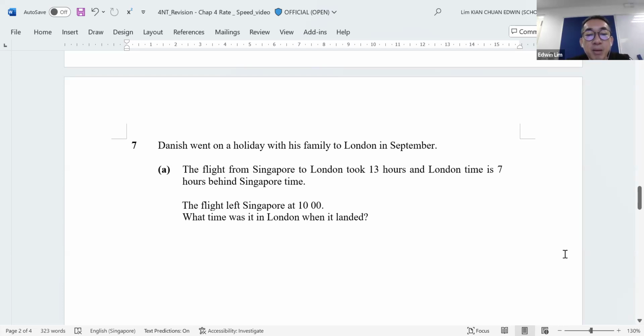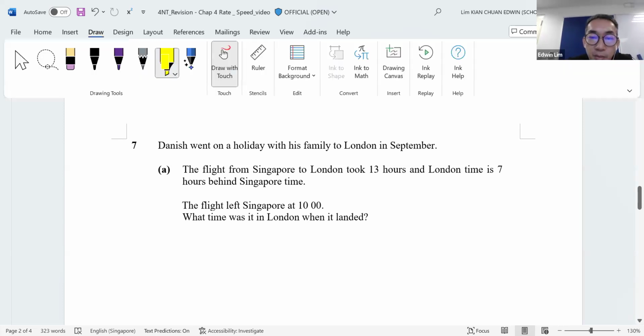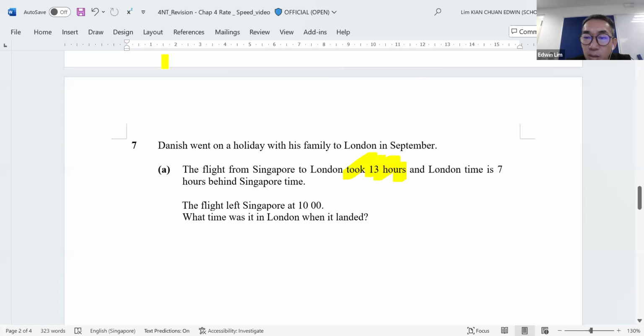The flight left Singapore at 10 a.m. What time would it be when it landed? Okay, it took 13 hours. London time is 7 hours behind Singapore. The flight left at 10 a.m.